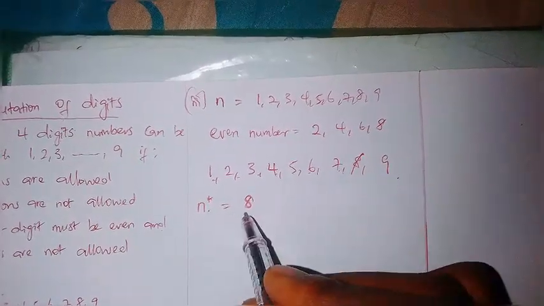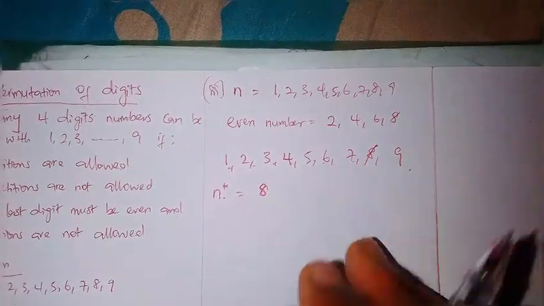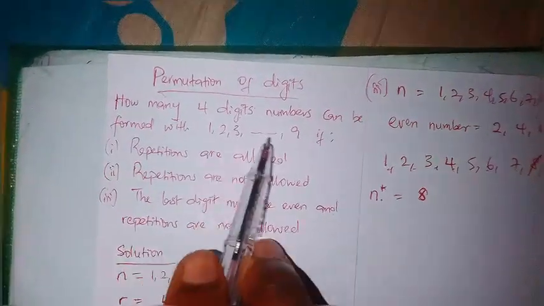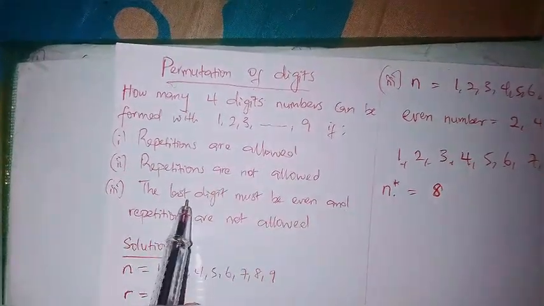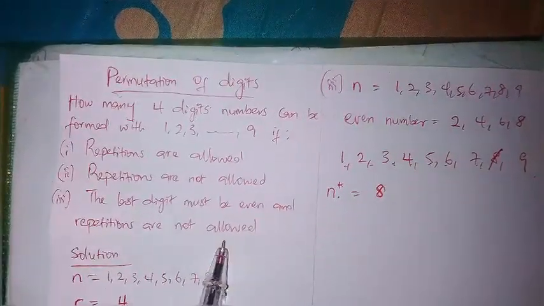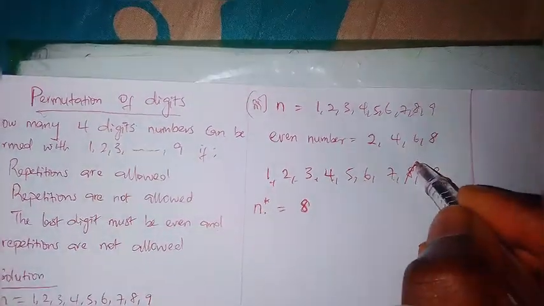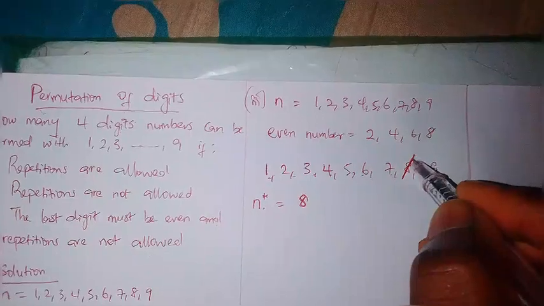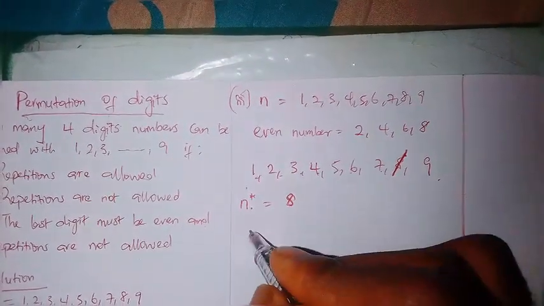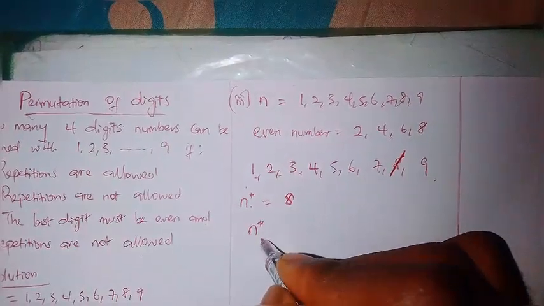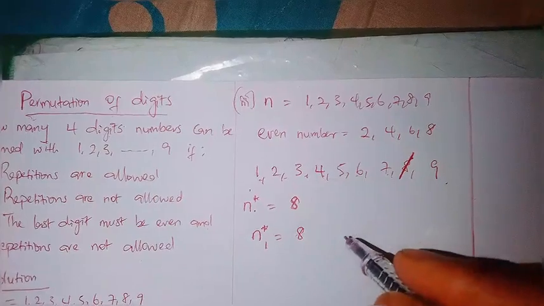Now if n star becomes 8, it means I can pick from these. I'm to find how many 4-digit numbers can be formed if the last digit must be even and repetitions are not allowed. Now I'm starting with 8. So if this is even, how many do we have left? We have 8 left. It means my n star 1 can come from these 8 selections.